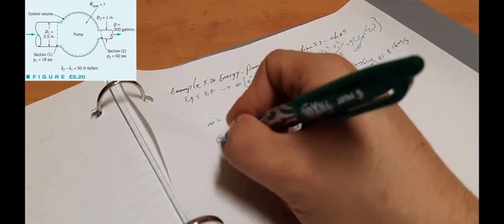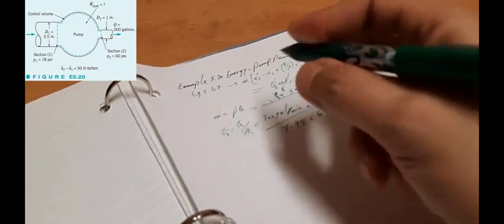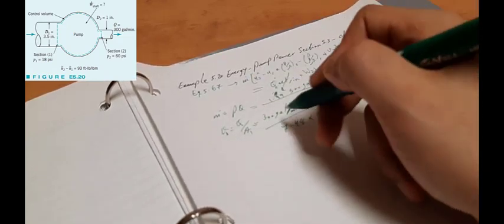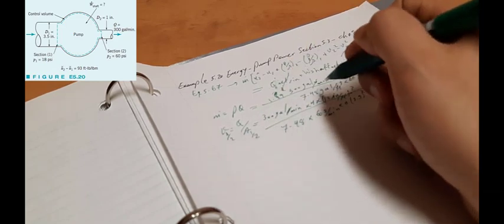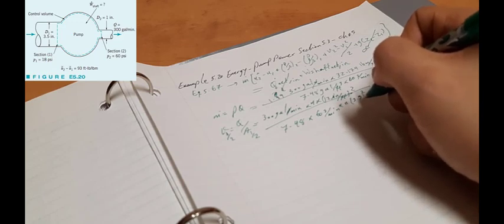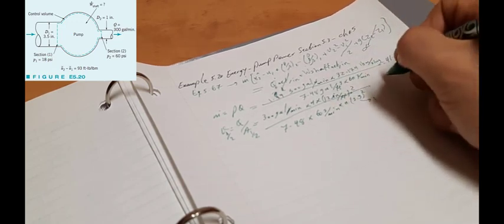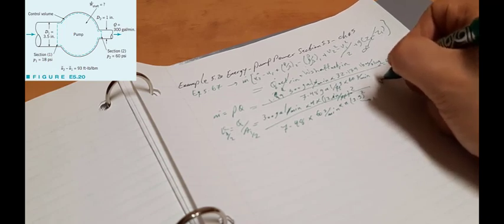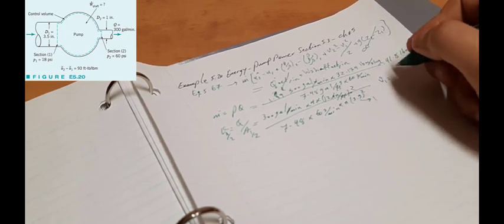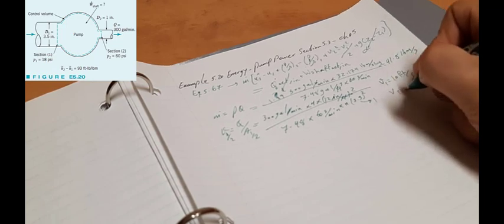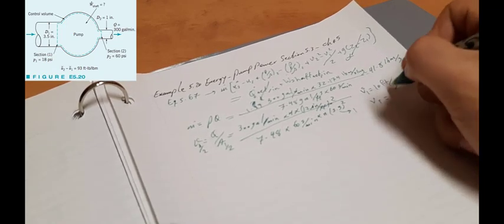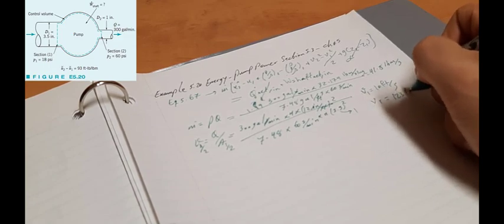For the velocity at section 1, it's such a thing. For section 2, we just need to substitute the 3.5 with the 1. For V1, we have 10 feet per second, and for V2 we have just 123 feet per second.